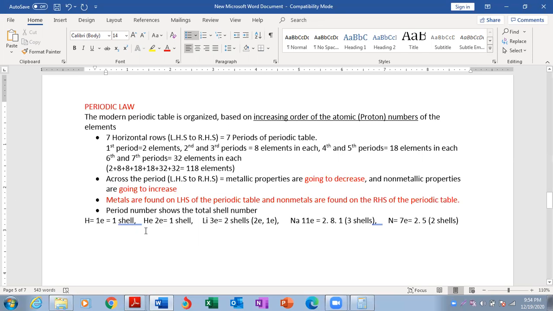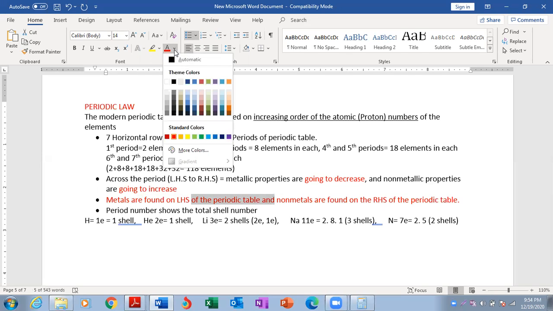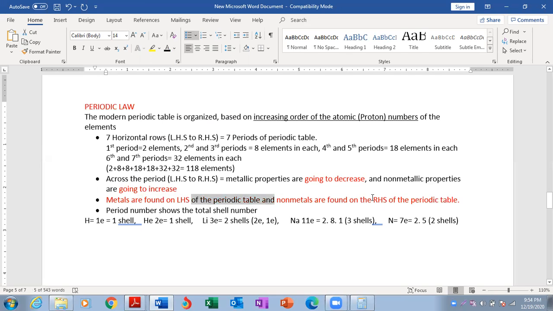There is so much information, but you need to understand that metals are found on the left hand side and the non-metals are found on the right hand side. Are you getting my point?